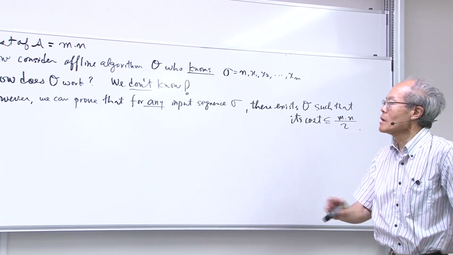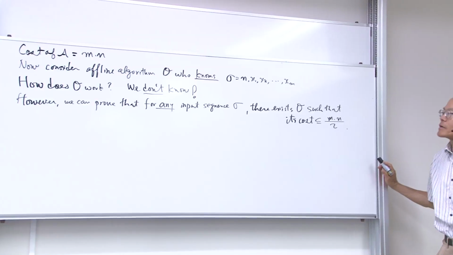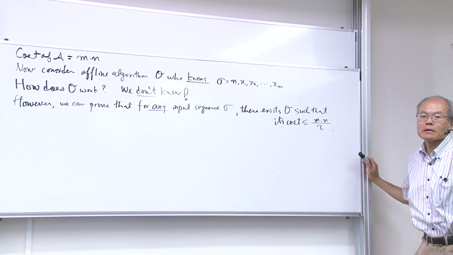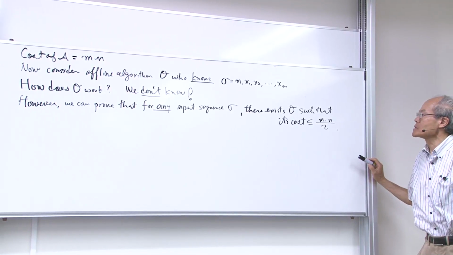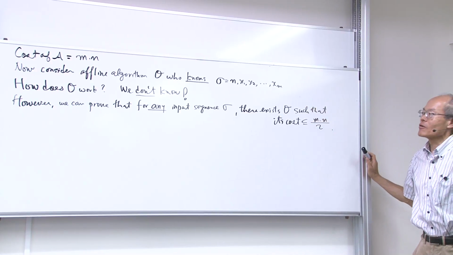For any input sequence sigma, there exists some strategy O such that its cost is 1/2 of the cost of A.